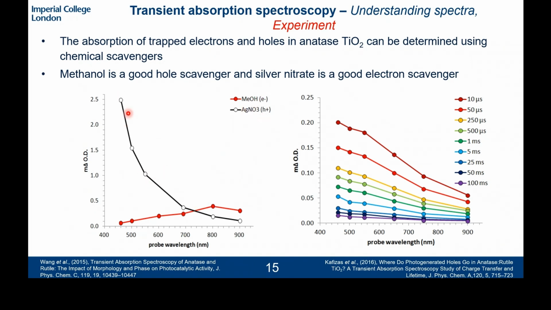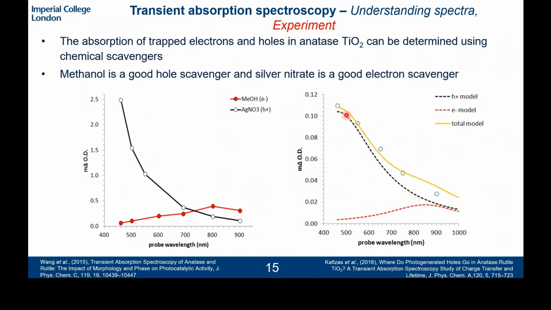And then the same for silver nitrate, which is, again, a fantastic electron scavenger. The positive silver ions can scavenge electrons really well to form silver metal. And we get a much stronger absorption in the blue than before, decreasing into the red. And what we can do is take what the typical absorption spectrum looks like, the black circles, okay?